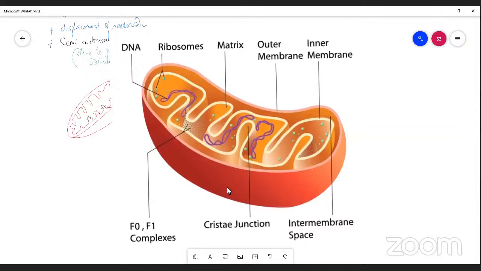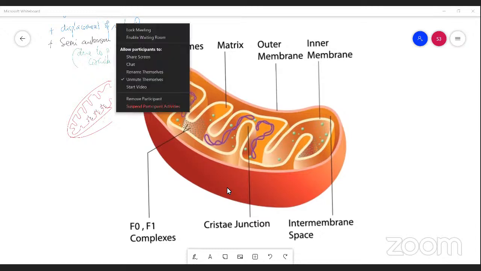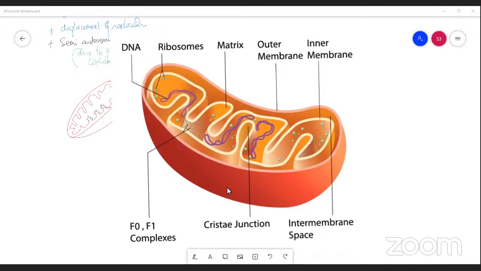Between the outer membrane and inner membrane, you find the intermembrane space, or periplasmic space. Just imagine, this is the intermembrane space, right?